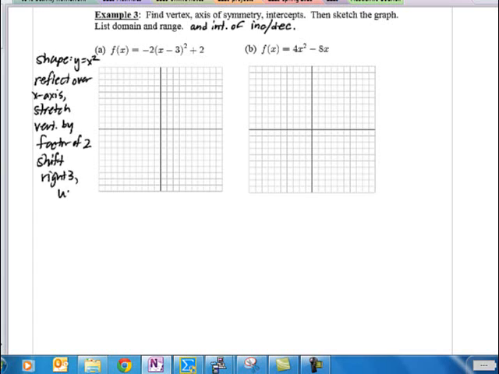The vertex is always going to follow the shifting. The stretch wouldn't change 0, 0, so the vertex will follow the shifting.